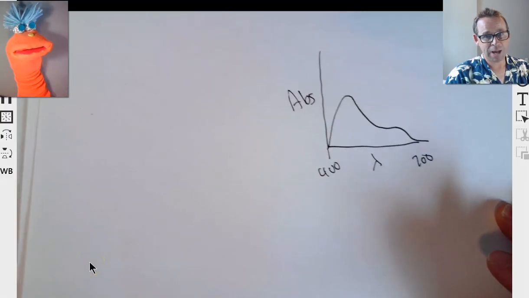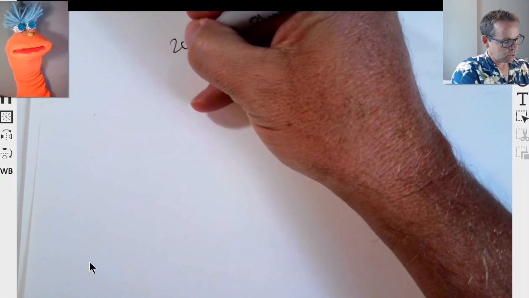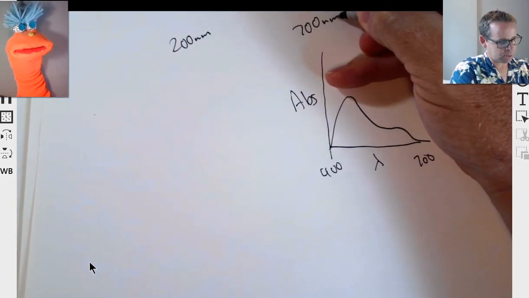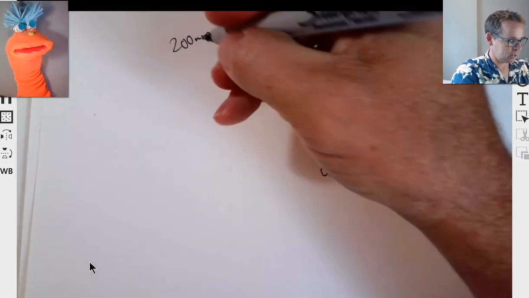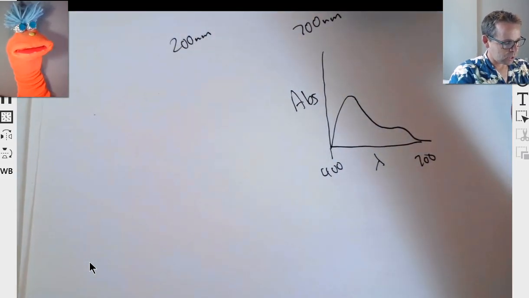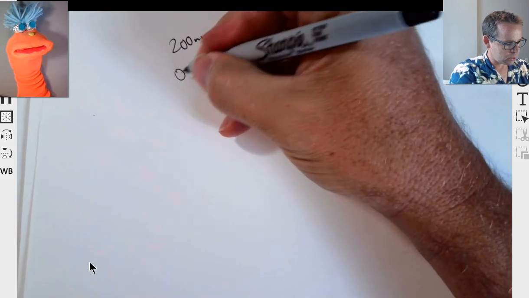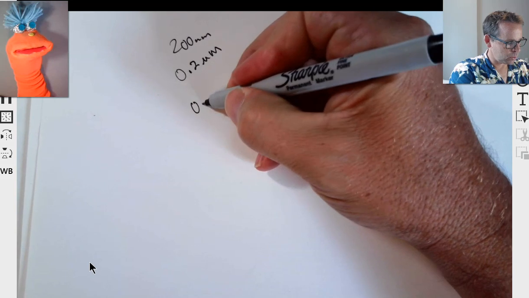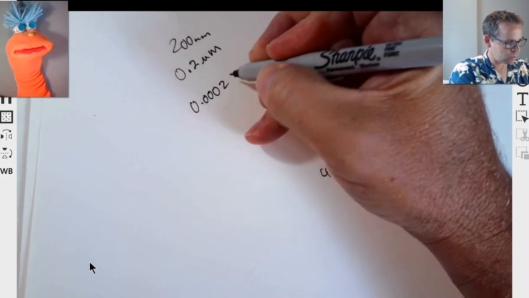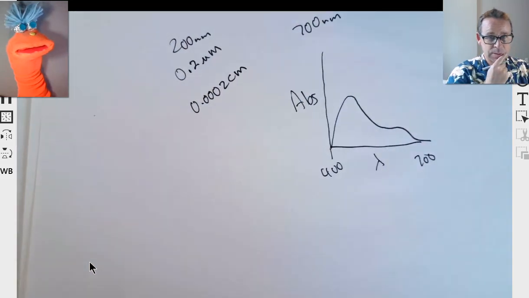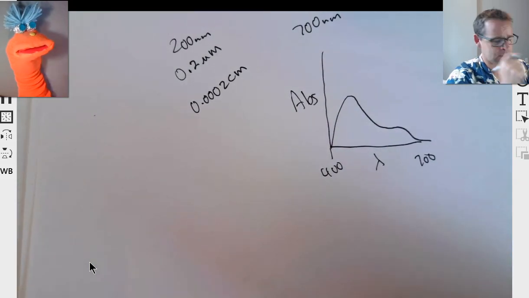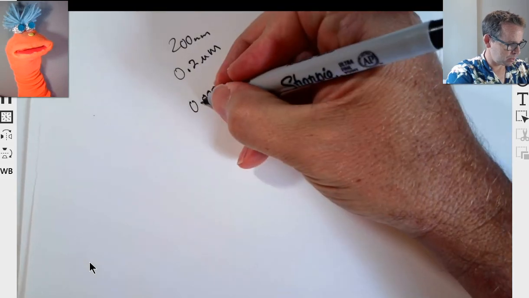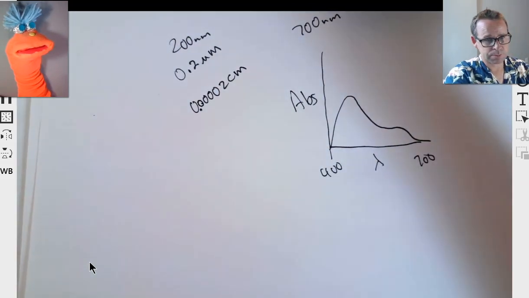So let's do some math on that. 200 nanometers we know is higher in energy than 700 nanometers. So 200 nanometers, that's 0.2 micrometers, or 0.0002 centimeters. Let's see, micrometers. No, that would be that many millimeters. So we have one more zero in here for centimeters.